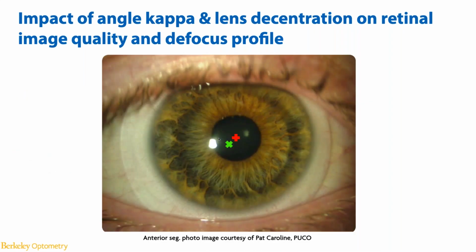Lastly, I also want to extend the discussion a little bit about how decentration of the lenses, in this case both Ortho-K lenses and the multifocal soft lenses, plays a role in impacting the retinal image quality and the retinal defocus profile.